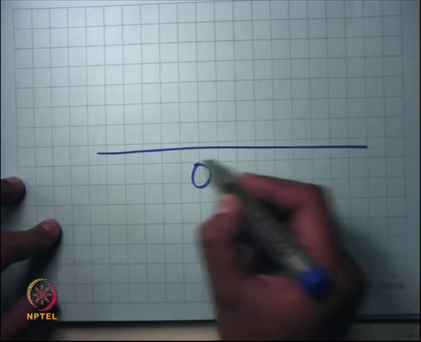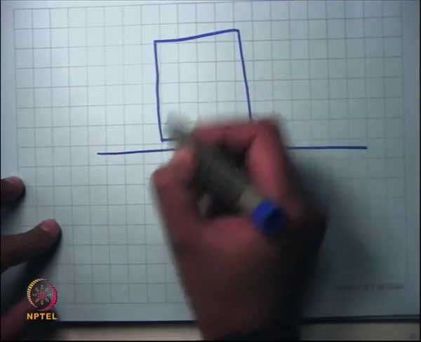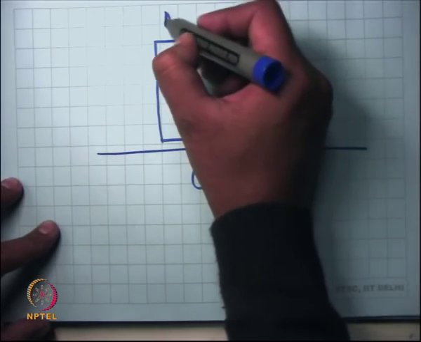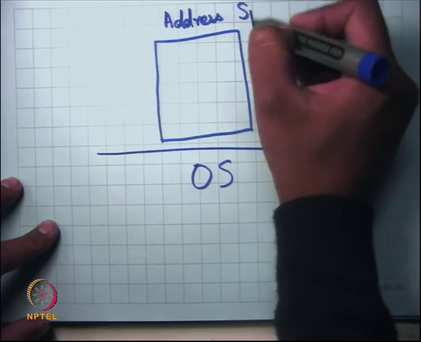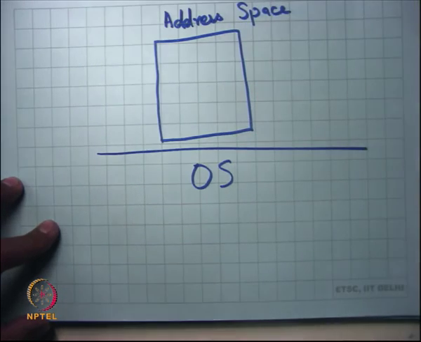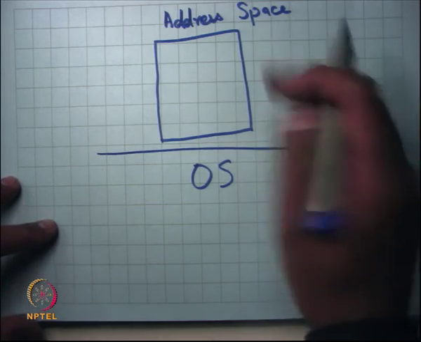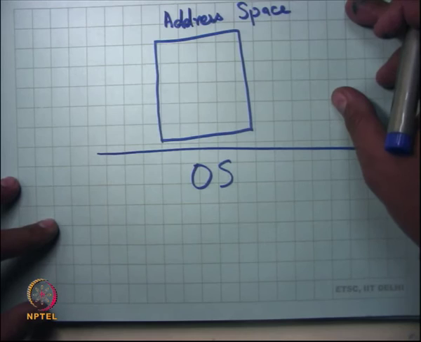So how does one create threads? Let's say here's a process, and instead of calling it a process, I'm going to call it an address space. We saw that the fork system call was spawning a new address space and also creating a new thread of control.